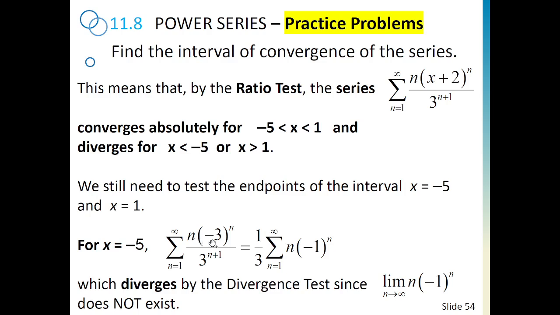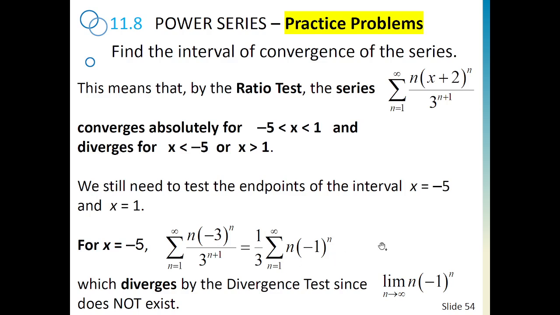So I have (-1)^n and 3^n. It will simplify a little bit. So I get a series like this: (-1)^n times n. The general term here, if I check, n is increasing, right? So the limit is never going to be 0. The limit doesn't exist because this thing is sometimes big positive, sometimes big negative.